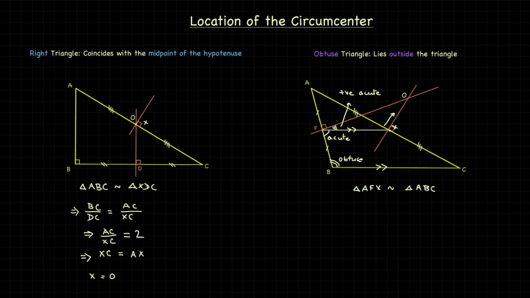So this means that this perpendicular bisector rises above the line FX, and the two perpendicular bisectors will have to intersect outside the triangle. And finally, for acute triangles, a similar argument can be used to show that the perpendicular bisectors will converge towards the inside of the triangle. So the circumcenter for an acute triangle will lie inside the triangle.